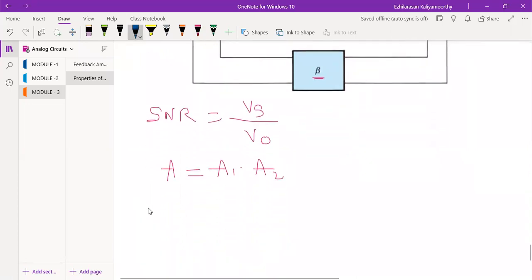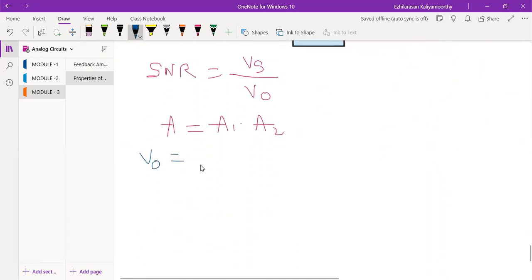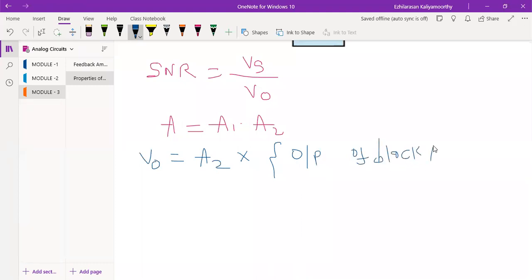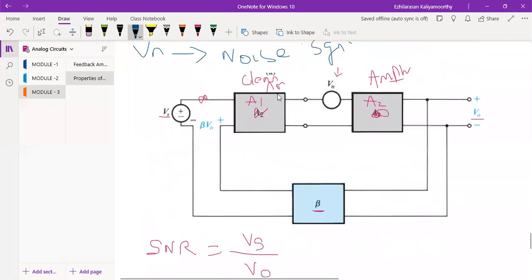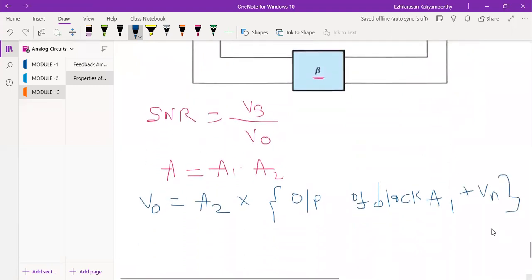From the above figure, V0 is equal to A2 multiplied by the output of block A1 plus Vn, that is your noise signal. We will consider this as equation number 1.